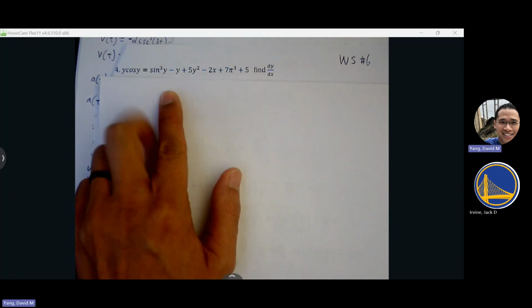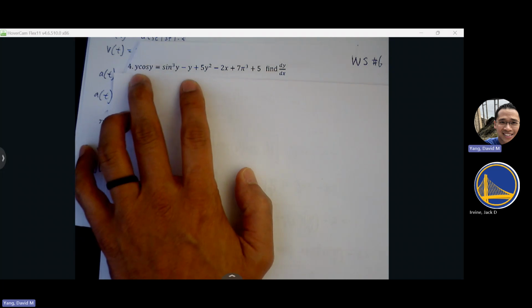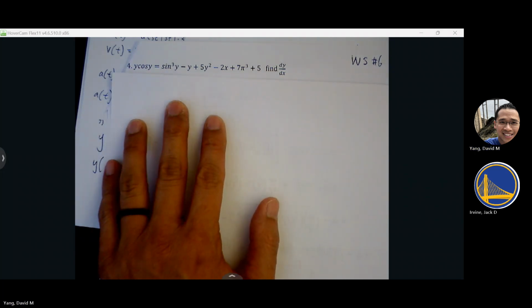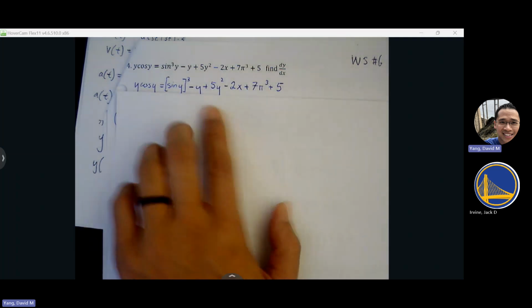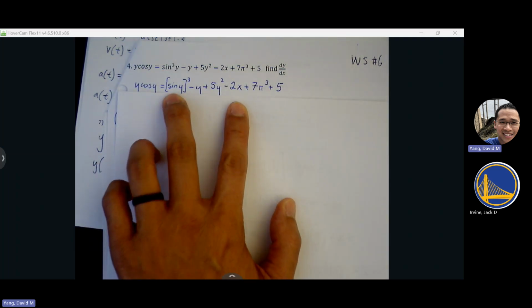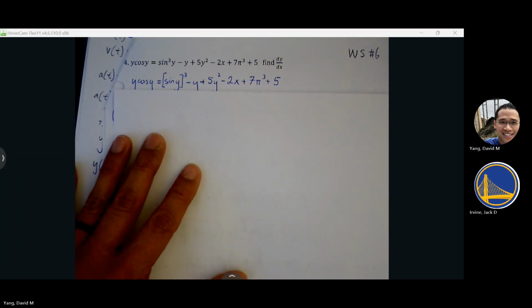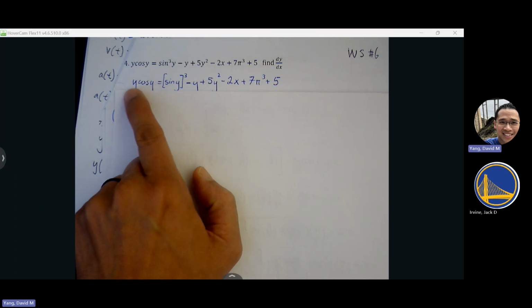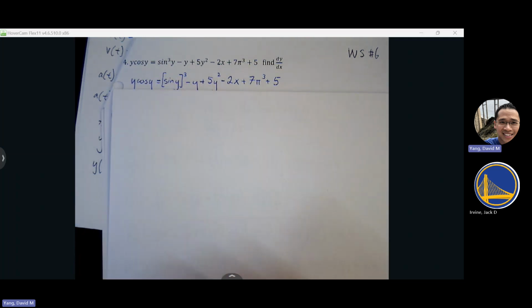So worksheet 6, number 4. This is also another product, chain, and implicit problem. First, get that sine cubed y outside a set of brackets. We see there's a need for a product rule here. There's also 5 y variables. We should be expecting 5 dy dx's to pop up along the way.